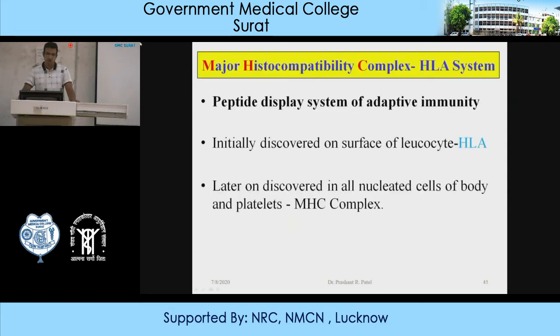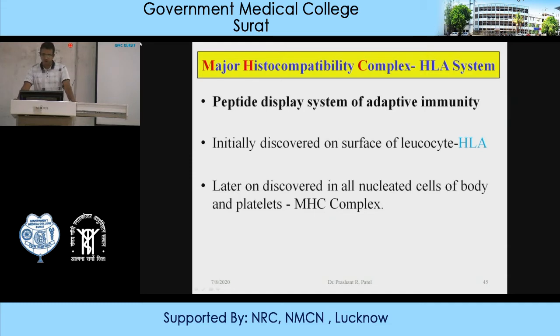Now another major component of adaptive immune system is MHC complex, major histocompatibility complex. It is also known as the HLA system. Basically, it is a peptide display system of adaptive immunity. So without this MHC HLA complex, adaptive immunity is not activated.